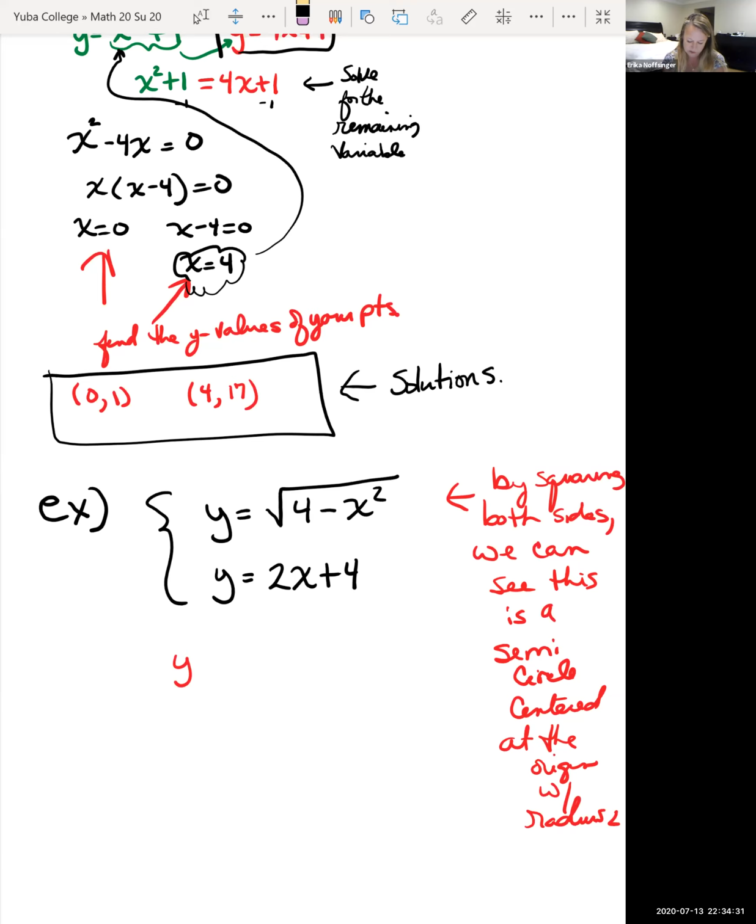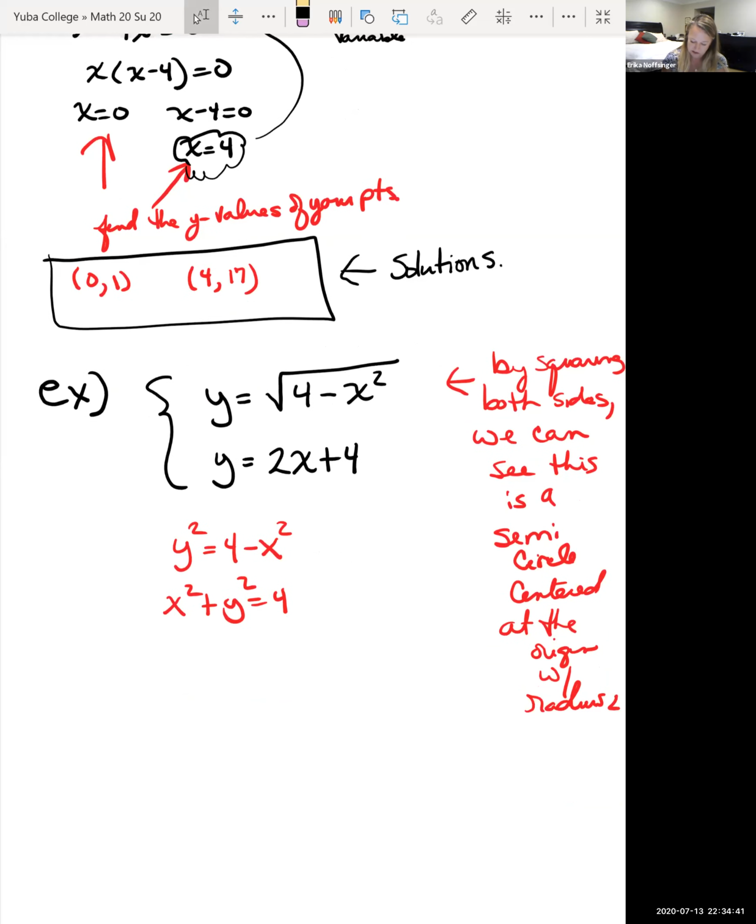Because we get y squared equals 4 minus x squared, add x squared to both sides, x squared plus y squared equals 4. So let's just graph it. From the center, we go up 2, to the right 2, and to the left 2. And that's that piece.